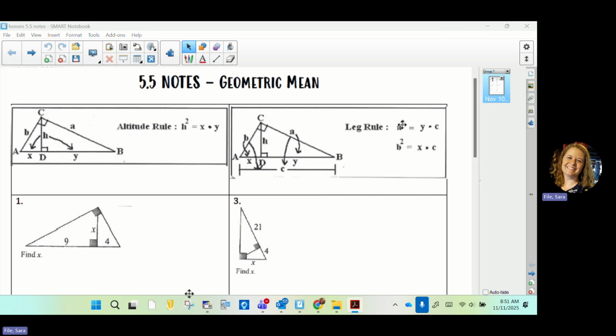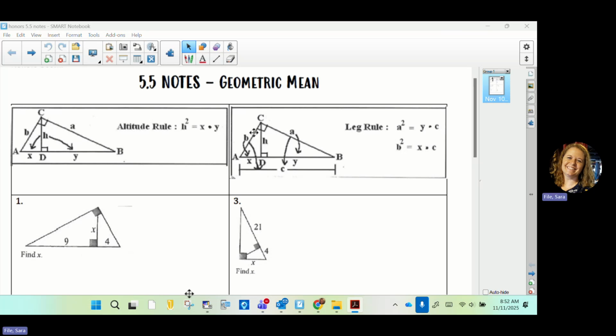Whichever leg you're using, we'll start with A. This is the longer leg here. The length of that leg squared is going to be equal to the product of that portion of the hypotenuse, that side's portion where the altitude split it, so Y, times the hypotenuse length, C.